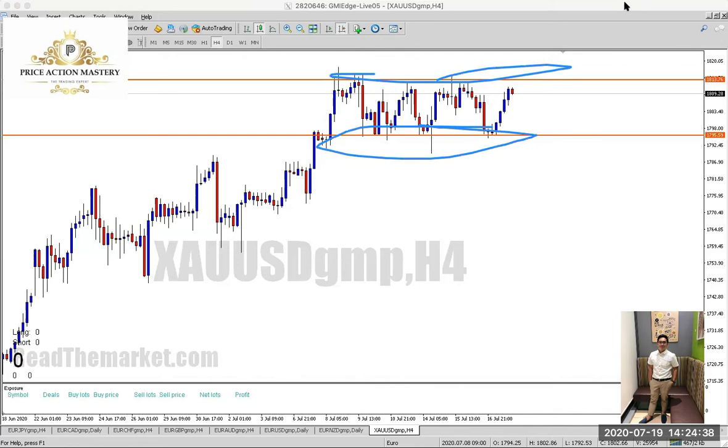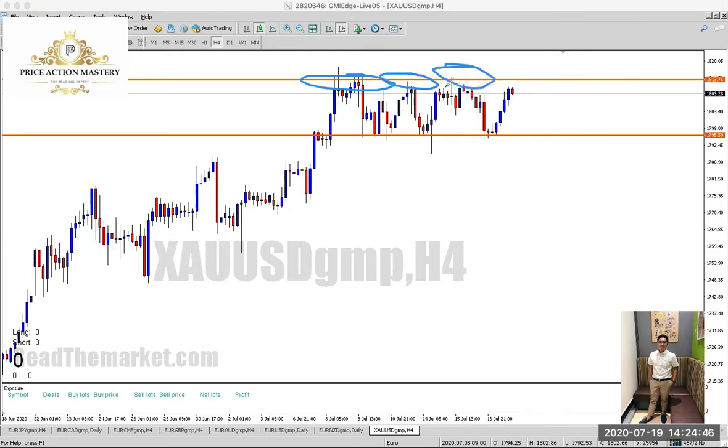So I would advise that buy is better than sell. If you sell here, yes, as you can see, many times when sellers sell here the market is able to drop. But once you sell here, there might be a chance of breaking up. Why? Because this is how big players think. They set up the resistance and support for novice traders.